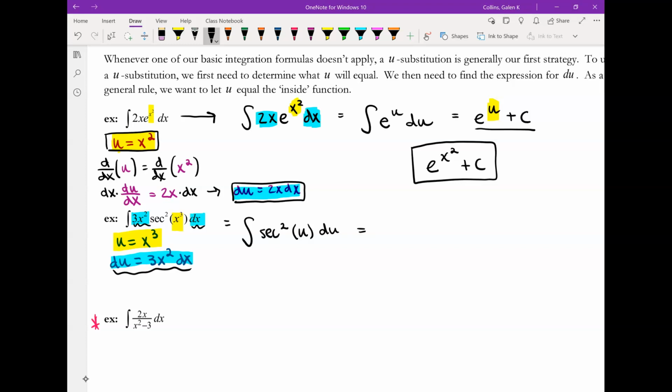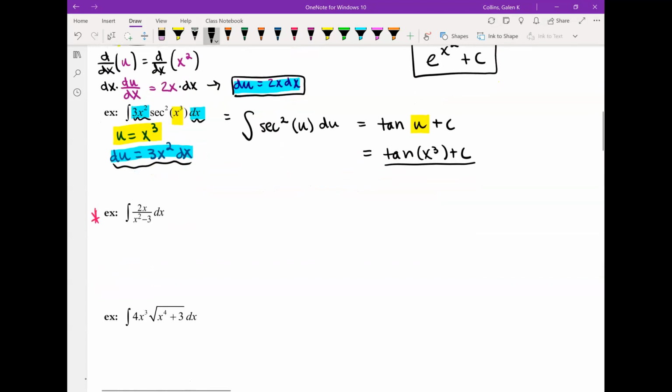We know the antiderivative of secant squared of u is the tangent of u plus c, the constant of integration. And again, that's just from section 6.1. Okay, so last step is we're going to take the tangent of u plus c, and do the final substitution back to x cubed, and that becomes the tangent of x cubed plus c. And that's our final answer.